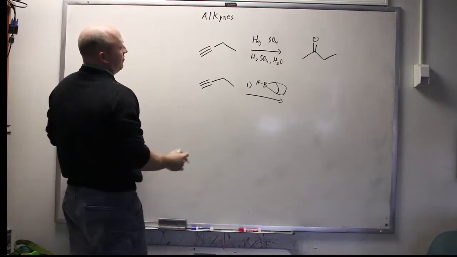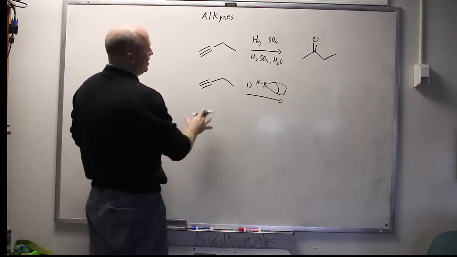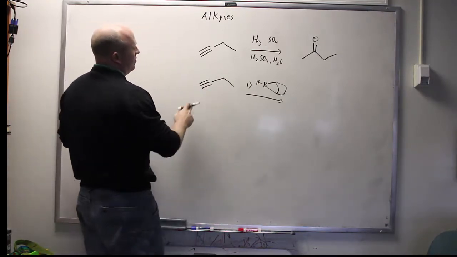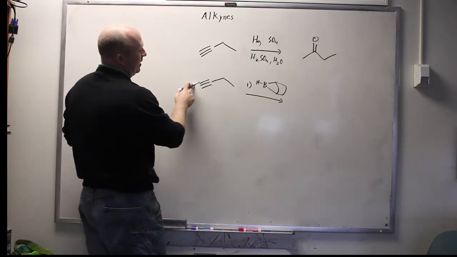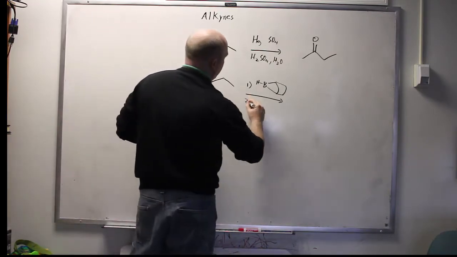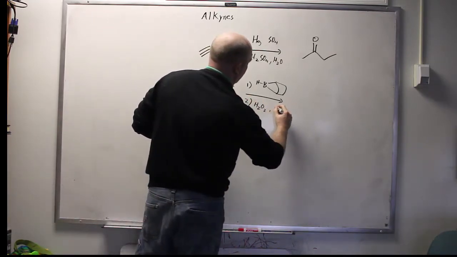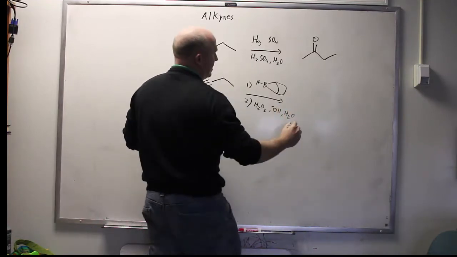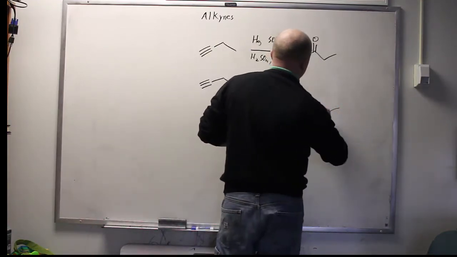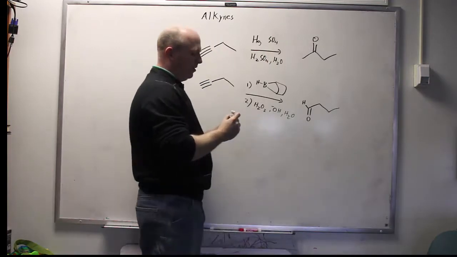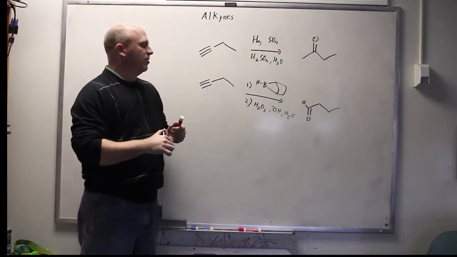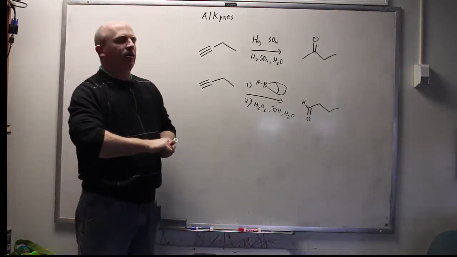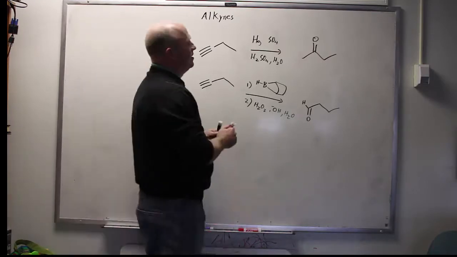So you use some relatively large borane reagent to get some selectivity, and then the boron will end up adding in the anti-Markovnikov sense. So upon oxidation of the borane, you end up making the anti-Markovnikov product, which is to say the aldehyde. Again, you're going to go through a keto-enol tautomerization process along the way, and I'll draw out the mechanisms for both of these in just a moment.